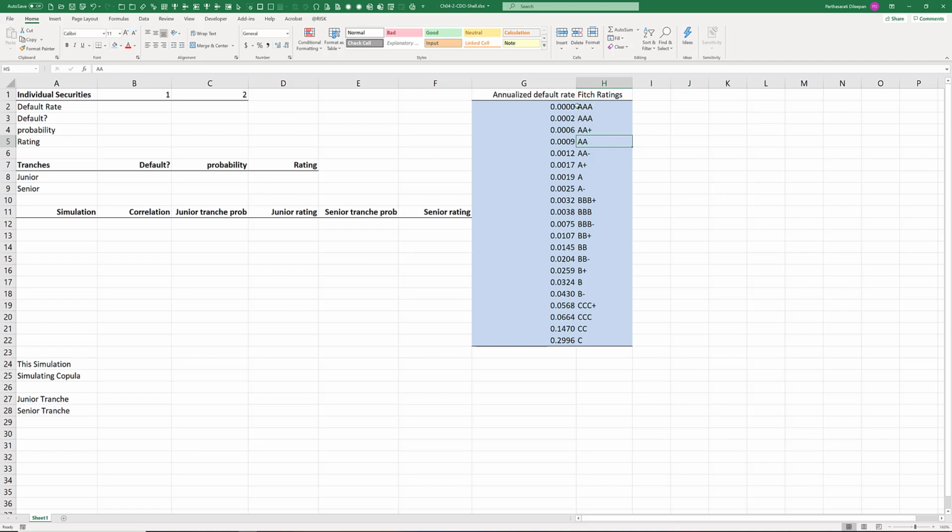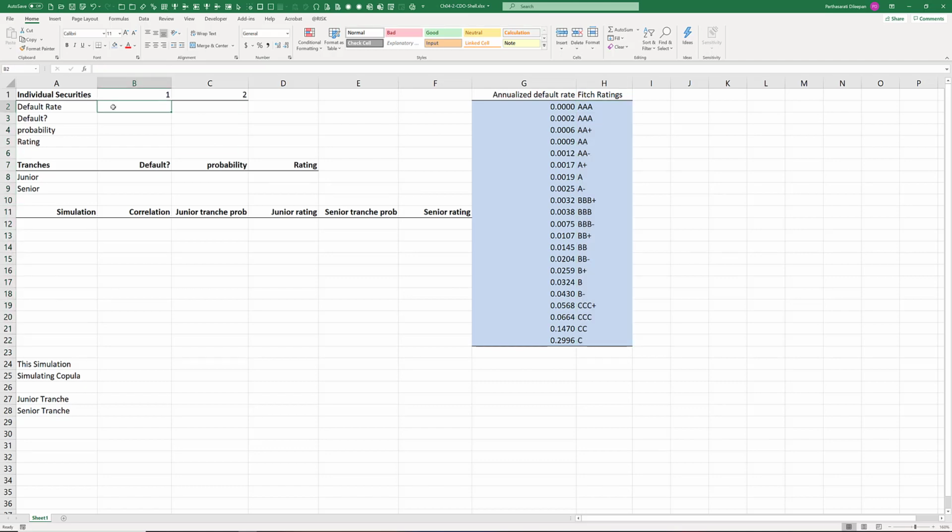So any security that has a default rate of whatever, these numbers, and from that we can look at what the corresponding rating will be. This is the annualized default rate, and these are the corresponding ratings.